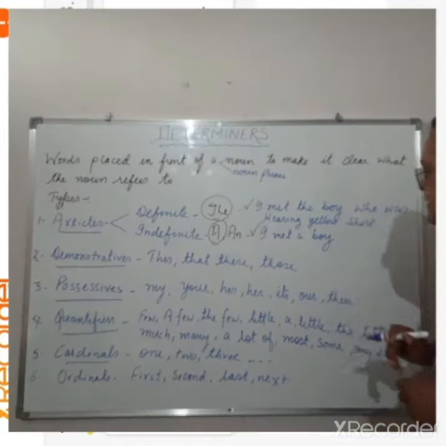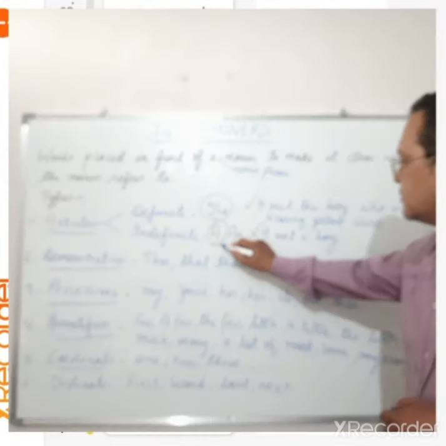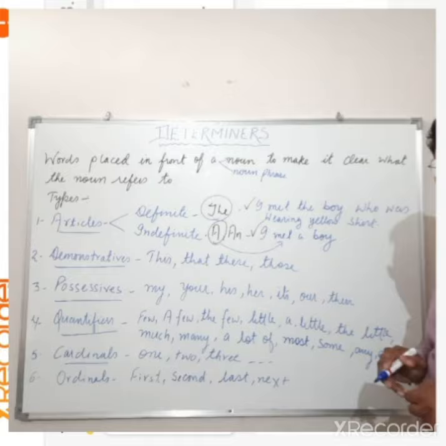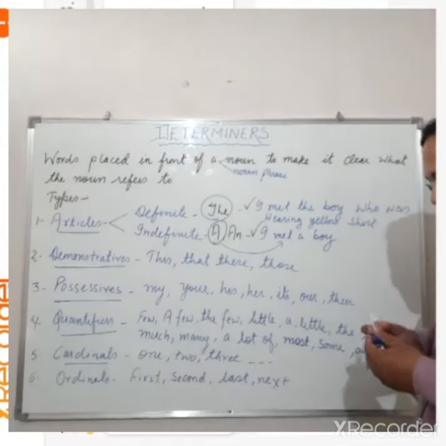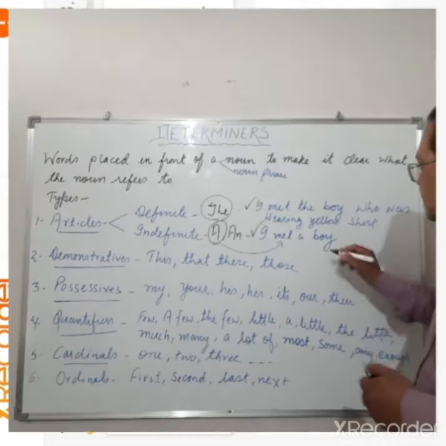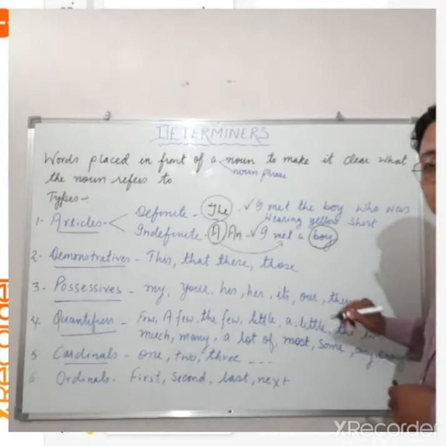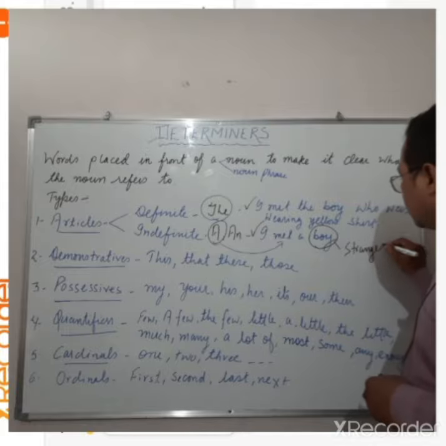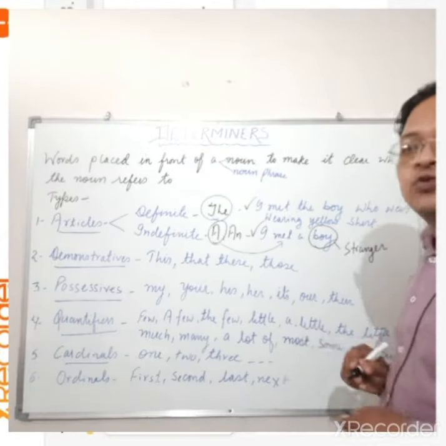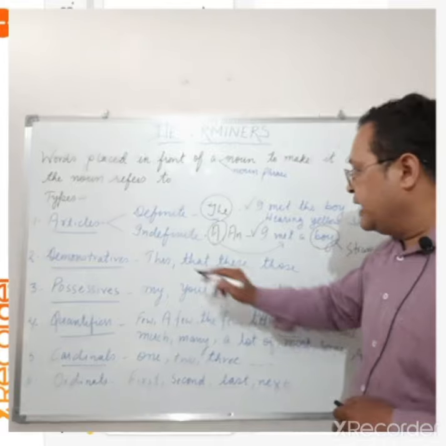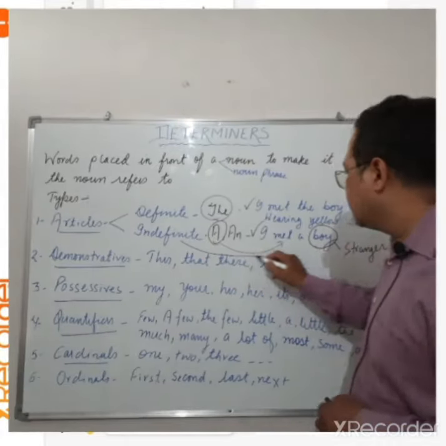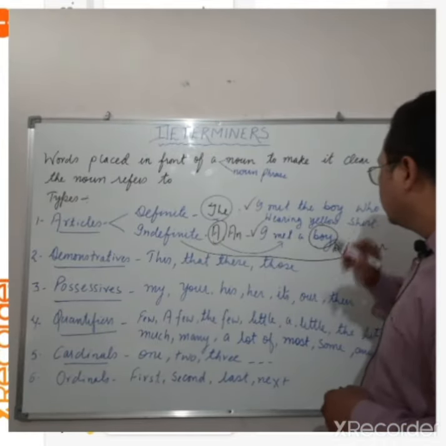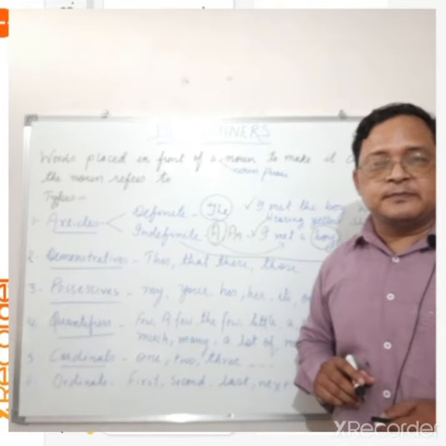If you check this example, I met a boy. It means this boy is a stranger to me, and I exactly don't know this boy.